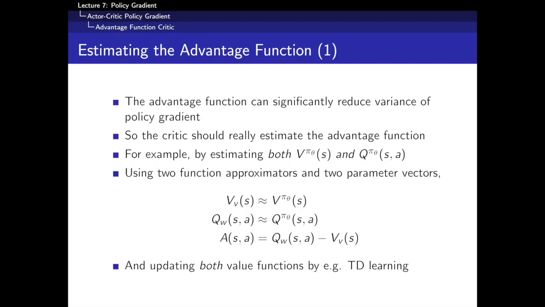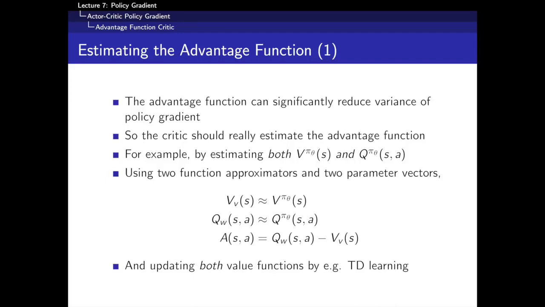So again, we're just rewriting the same policy gradient theorem. So how do we estimate this advantage function now? How do we do this in our critic? Well, there's a lot of different ways to do this actually, and I'm just going to suggest a couple of them. So this slide is just to say, well, one way to do this would be to learn both Q and V. So our critic would basically learn Q. It could also learn V using yet another set of parameters.